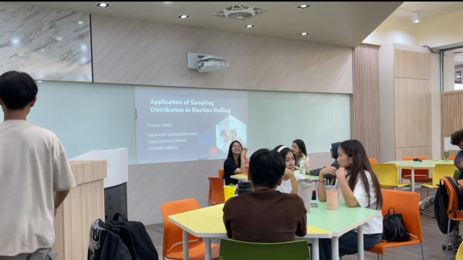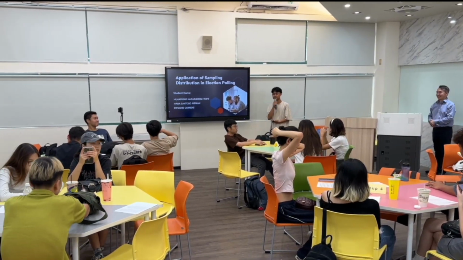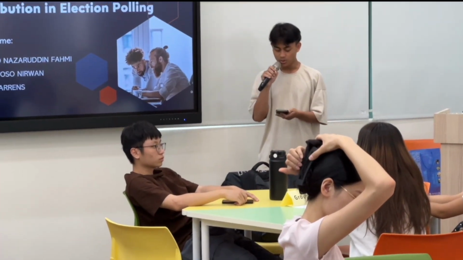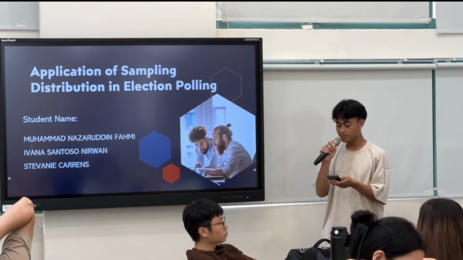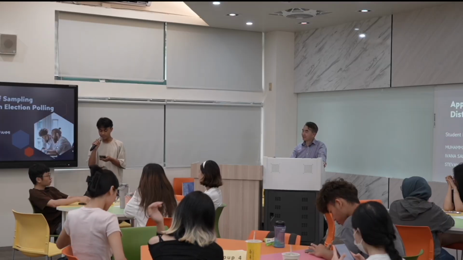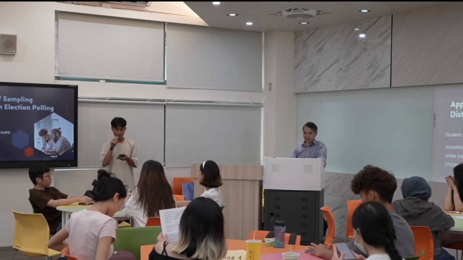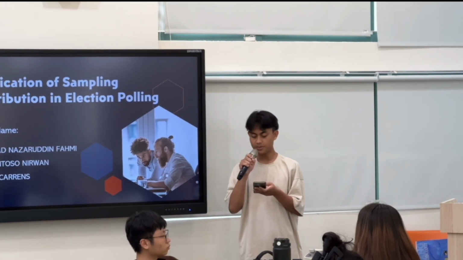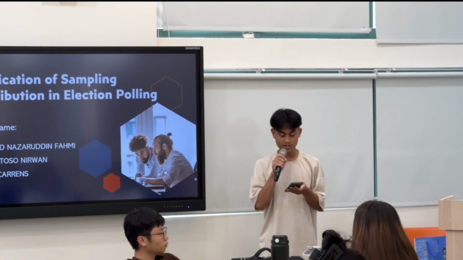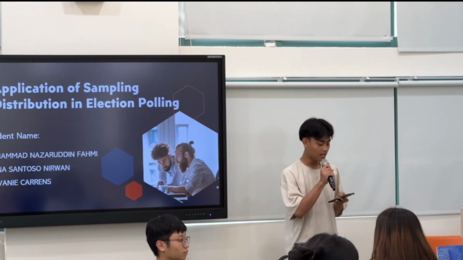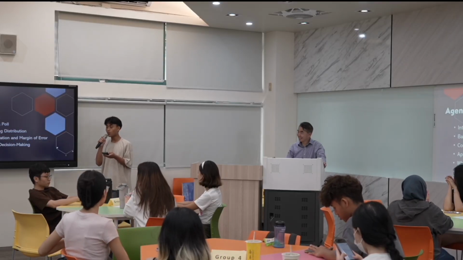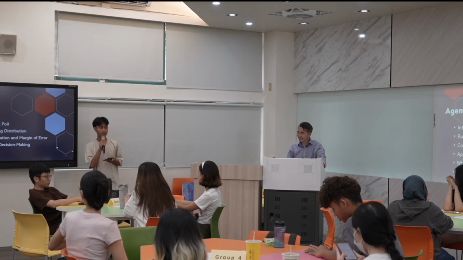Good afternoon, everyone. My name is Fahmi, and today we are going to talk about how sampling distribution is used in election polling to make credible inferences. We often hear about polling results in the news, like candidate A has 52% support, but have you ever wondered where the number comes from?